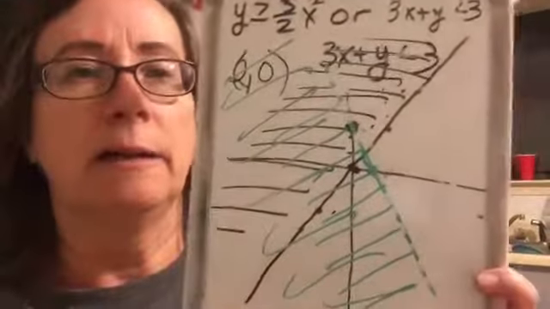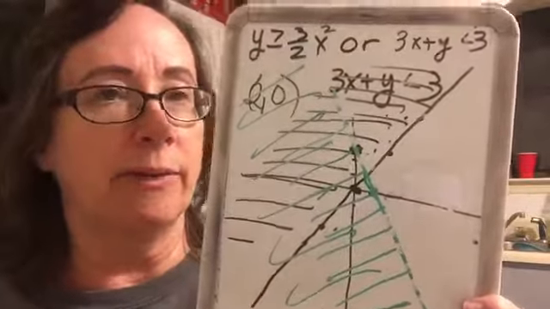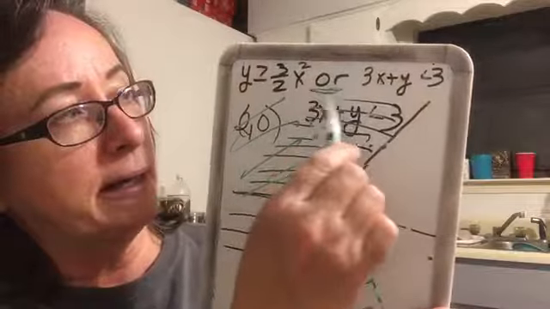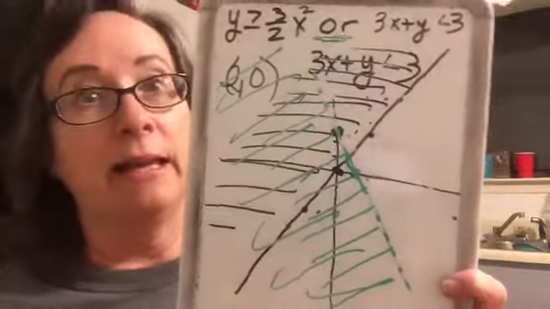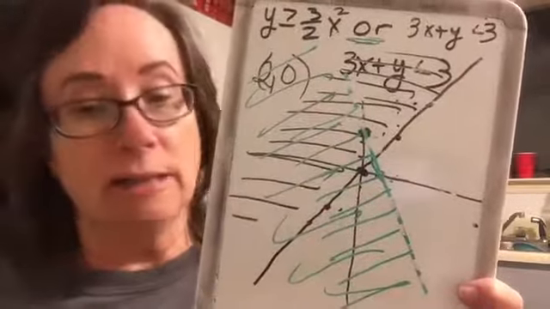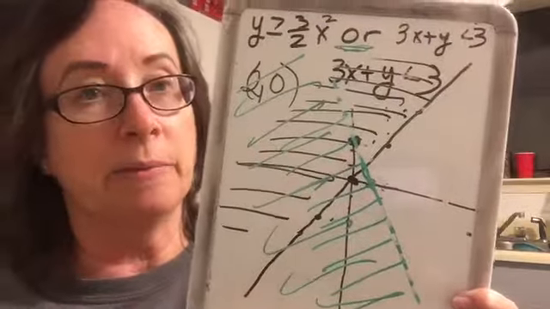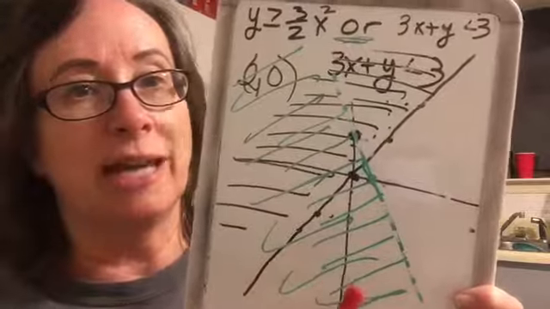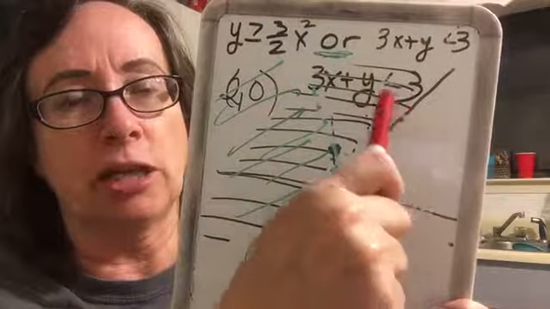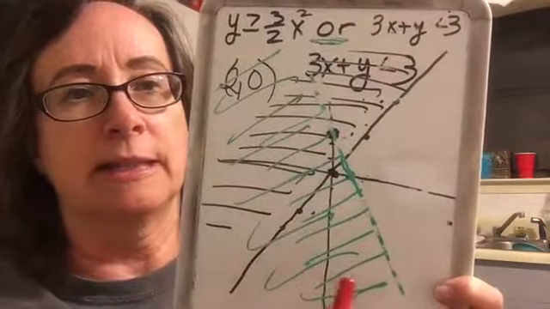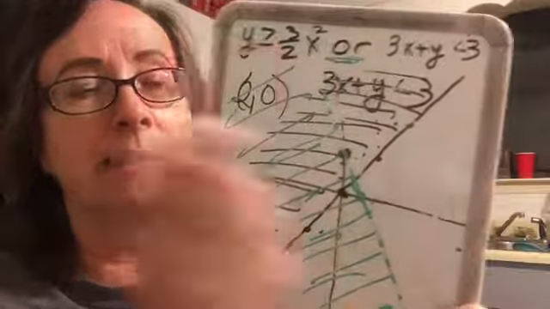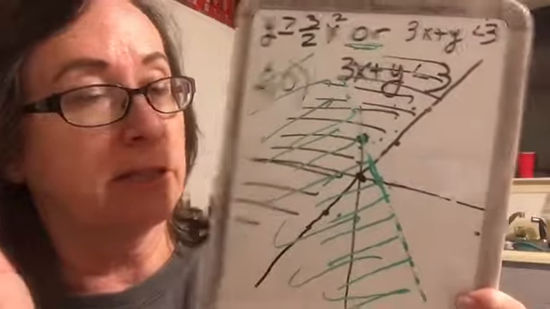And now you can see that I have both inequalities graphed. Now, this is an OR inequality, and OR means that everything that is shaded one time is the solution. So I'm going to take my red marker and shade everything that is shaded once, because it doesn't have to be shaded twice to be the solution.